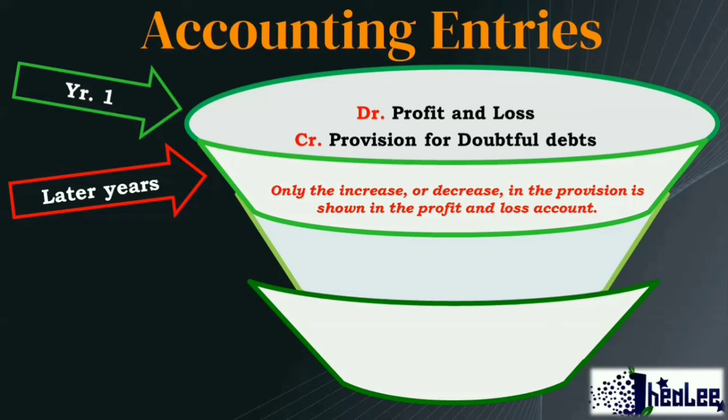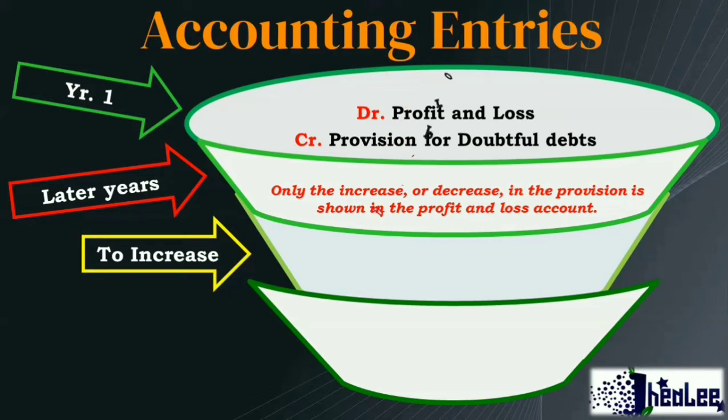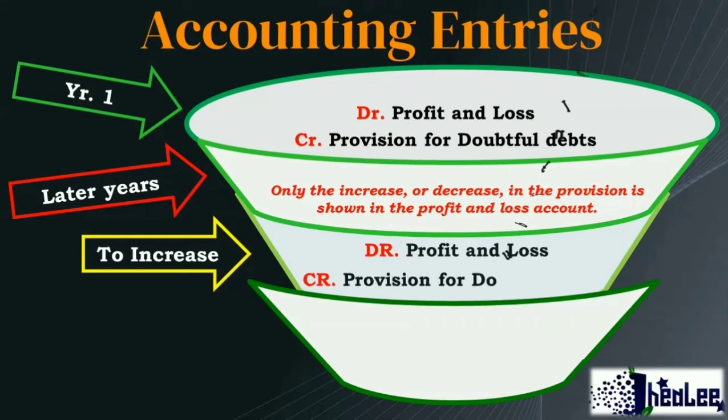And we're going to focus first on the increase. So to increase the provision, once you're increasing it, it is an expense to the business. So therefore means that your profit and loss account is debited, while your provision for doubtful debts account is credited. Please note that the provision for doubtful debts account carries a credit balance.